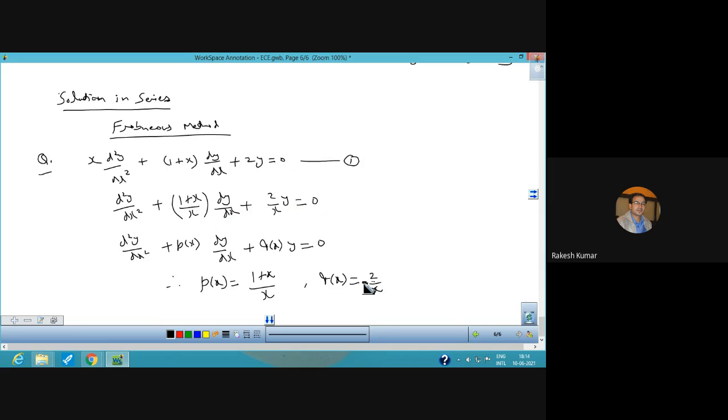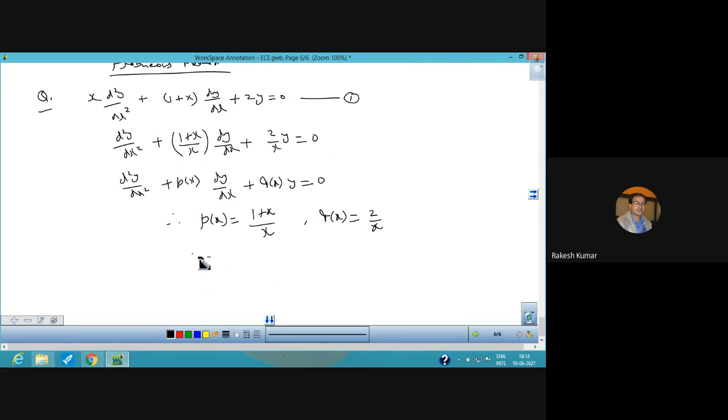So this is your q(x) and p(x). From here you will be able to get x p(x).